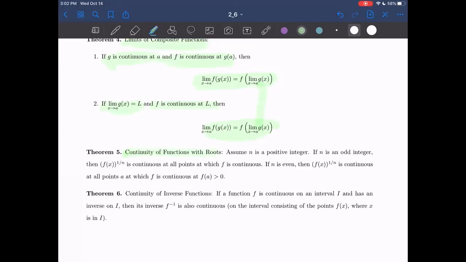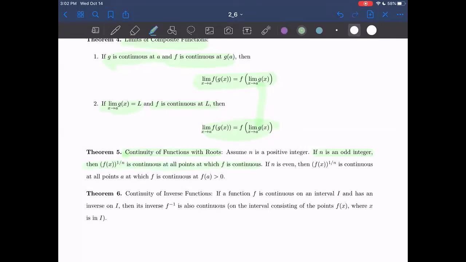Then we've got continuity of a function with roots. If you want to take the root of a function, square root, cube root, if it's an odd root, like cube root or 47th root, then the function is going to be continuous at all points.